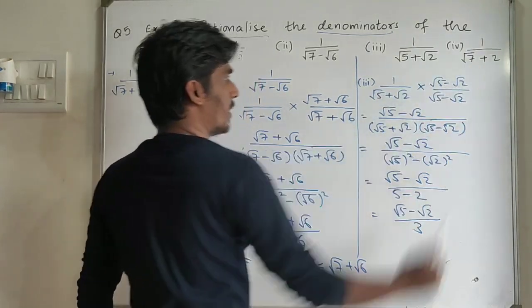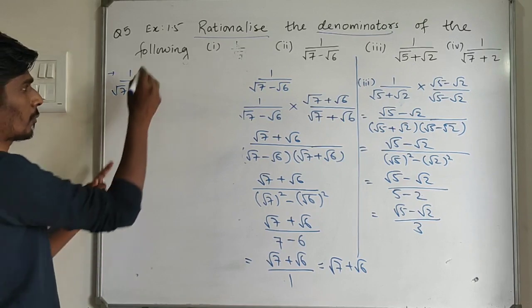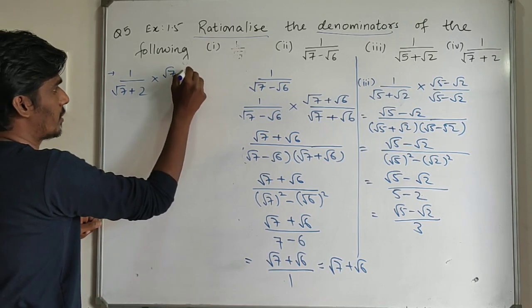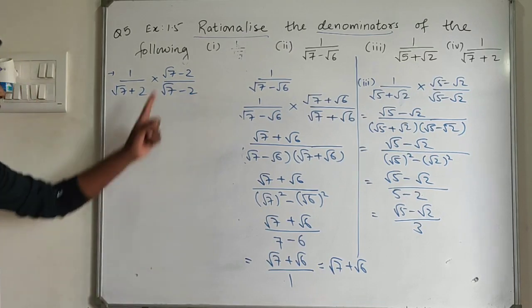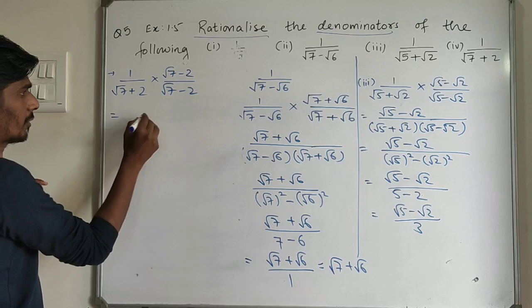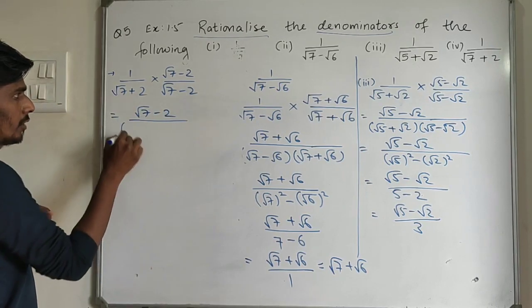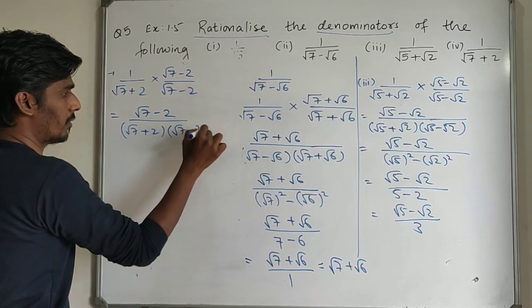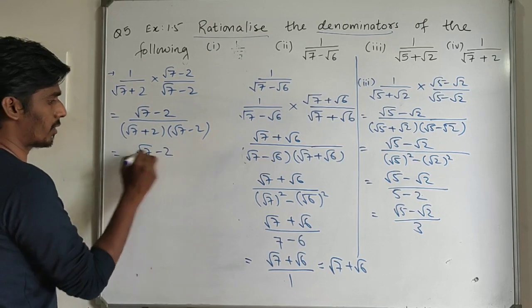Now here a plus sign is there, so I am going to multiply it by the minus sign. Root 7 minus 2, root 7 minus 2. Now 1 into anything will remain same. Root 7 minus 2. Now this is what? Root 7 plus 2, root 7 minus 2.